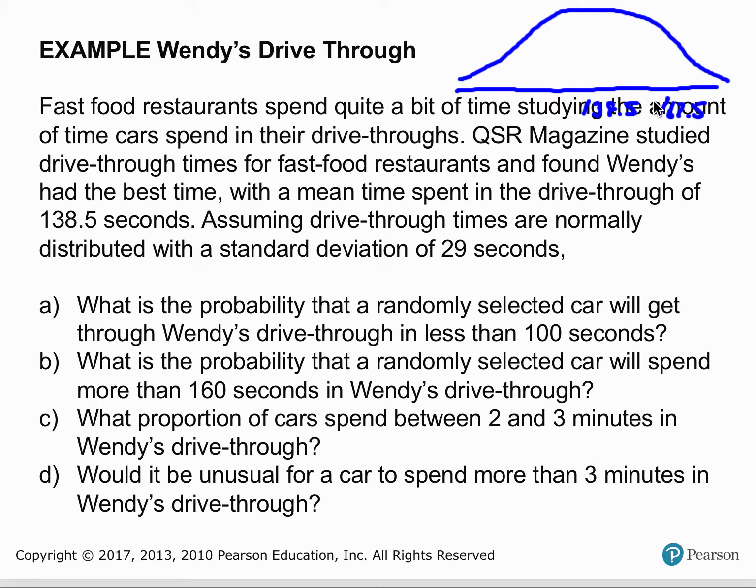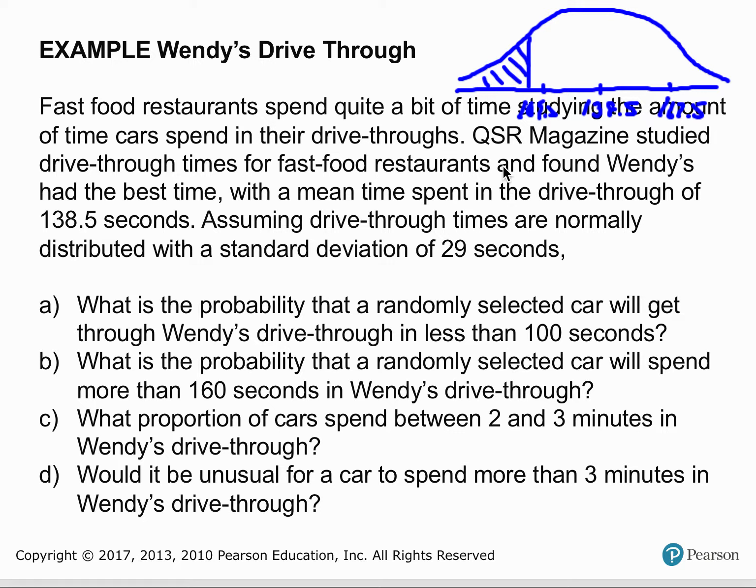And if we subtract 29, we get 109.5. I know we can't read those numbers up there, but we know this is the mean and the first standard deviation. So we're looking for less than 100 seconds. Oh, this is 109. We're looking for this area, which is exactly what either the chart or our calculator will tell us.